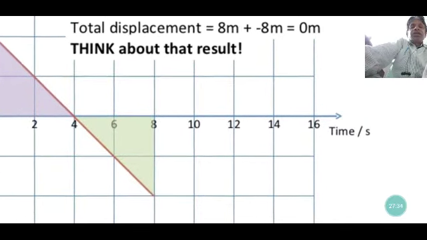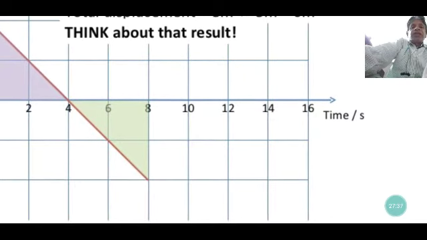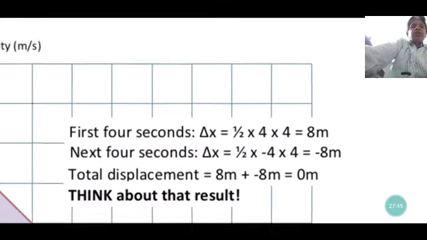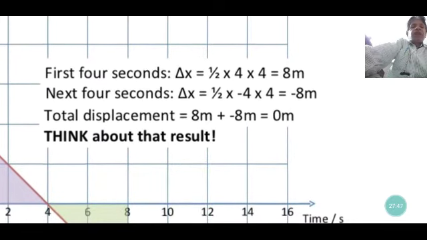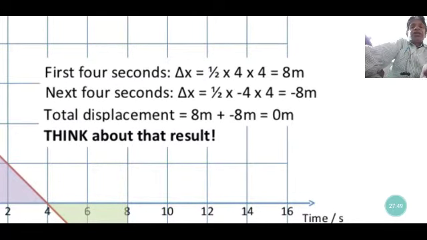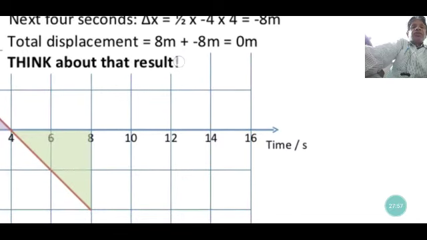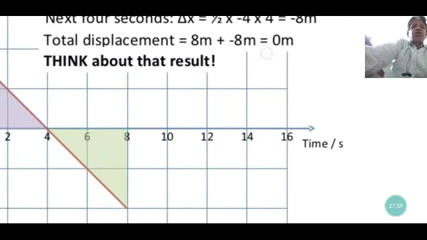But in the next 4 to 8 seconds, the velocity decreases and becomes -4. So the area under the time interval would be -4 into 4, that is -8 meter. Now look here, the total displacement 8 meter minus 8 meter is equal to 0.